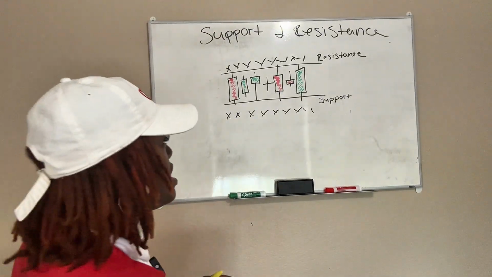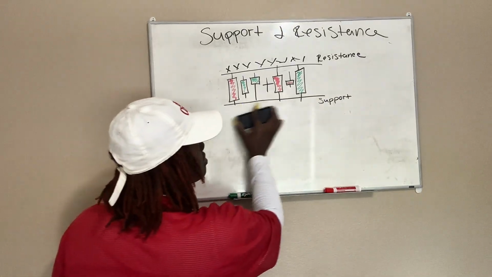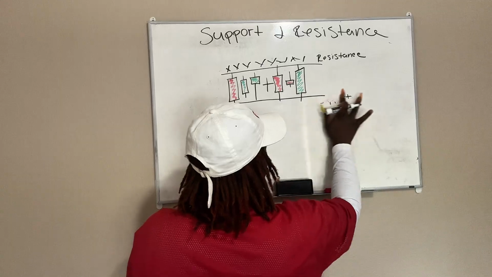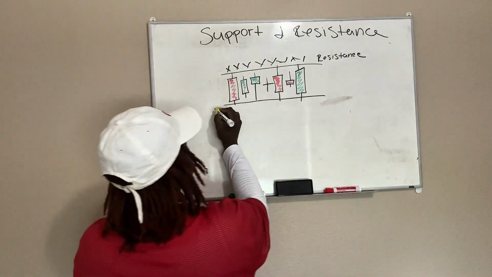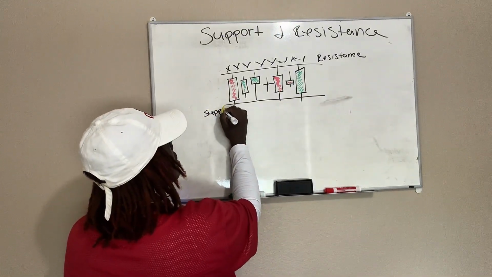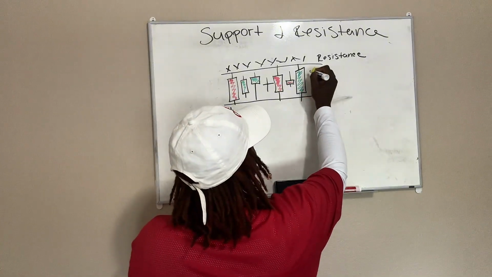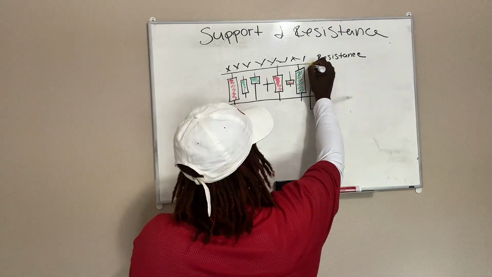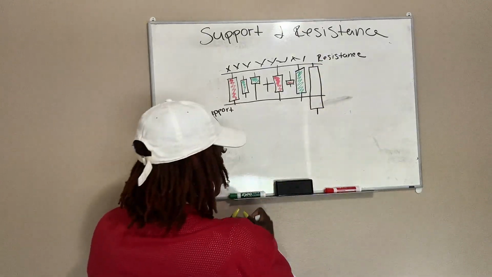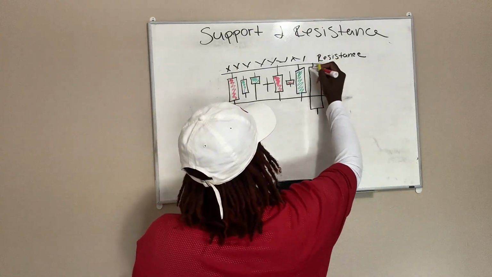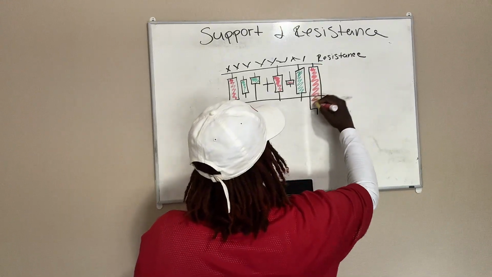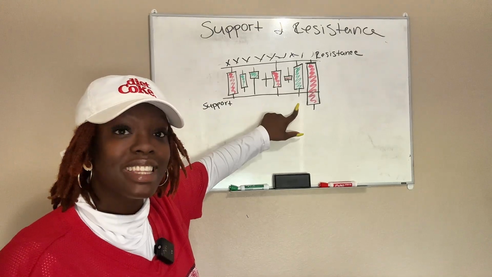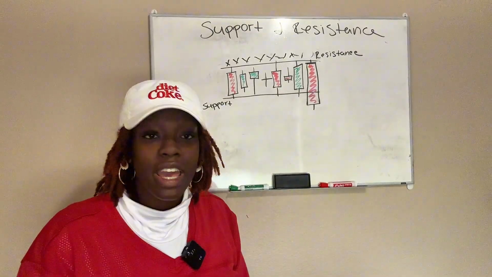But say we see something like this right here. Hold on, I've got to move this over. We see something like this, something to break through your support, because remember, our support is the floor.